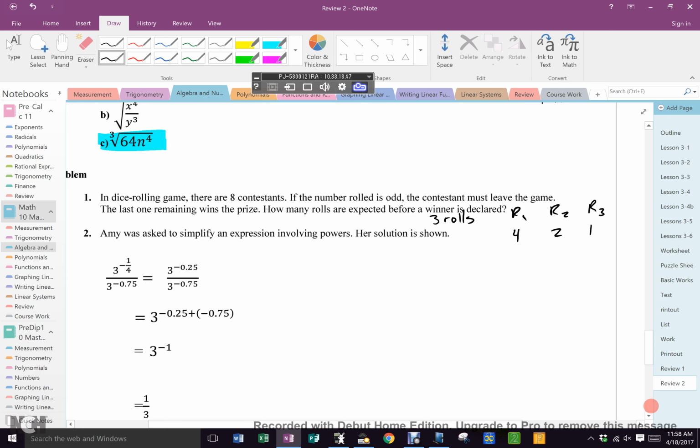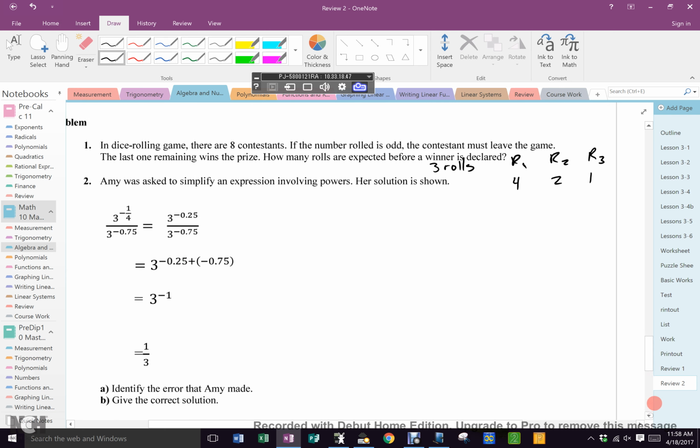Simplify this expression involving powers. What's ugly about it? Why don't we like it? Got decimals and fractions, yes? But what about this question makes it easy for us? They're all the same base, yeah?